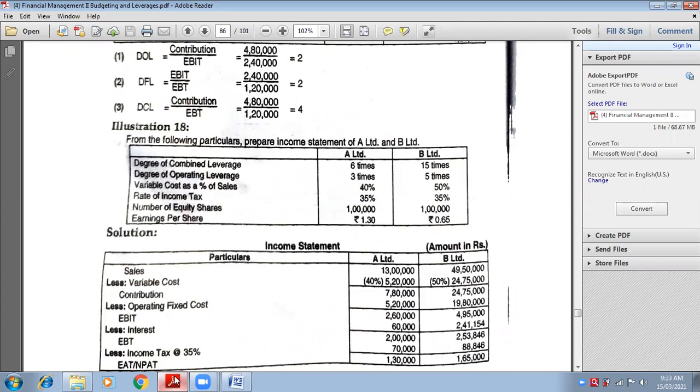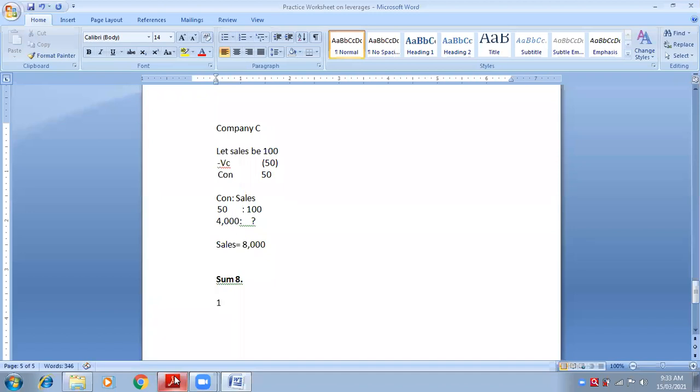The number of equity shares is given and earning per share is given. What is the formula of earning per share? EPS? Yes, you have already done this in management accounting ratio analysis. We need to start with EPS only.